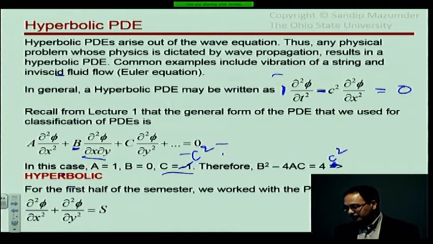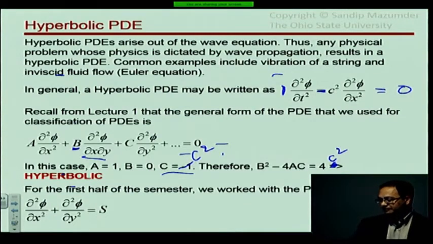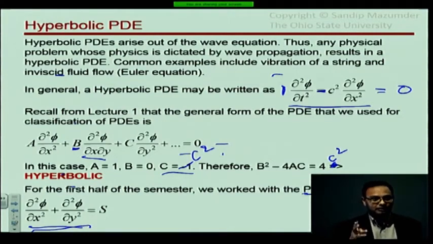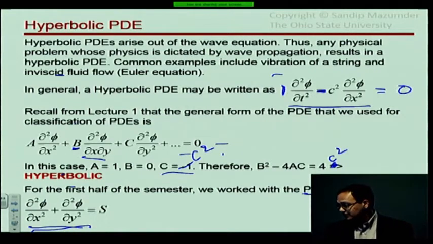All right. Now in the first half of the semester we worked quite a bit with the Poisson equation. You just turned in a homework which solved the Poisson equation. That's of this form. Now notice that if I look at this equation versus that equation, both of them are second order linear differential equations with two variables. Both of them have second derivatives in both variables. The only difference is here I have a minus sign.